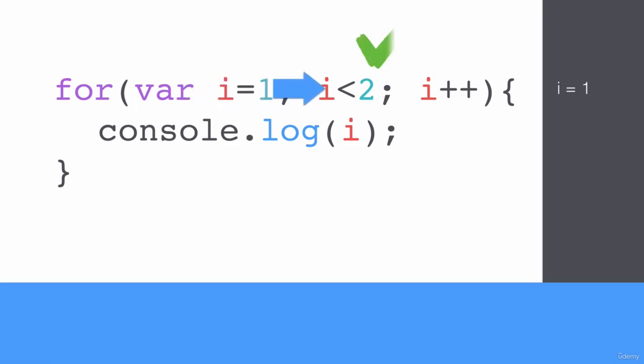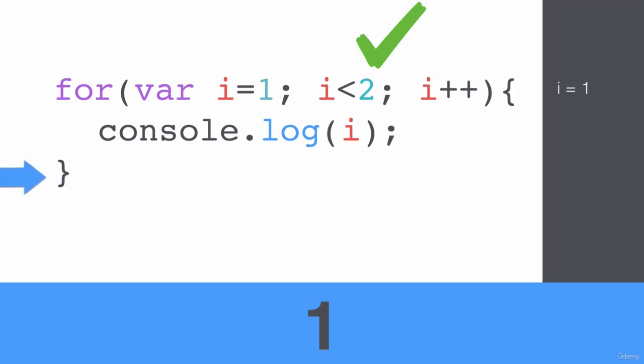The next step is it reaches the second part of the for loop, where it checks to see whether the current value of i is less than 2. And 1 is in fact less than 2. So it proceeds to run the code inside the for loop, so inside those curly braces. And in this case, it console logs the value of i, which currently we know to be equal to 1.